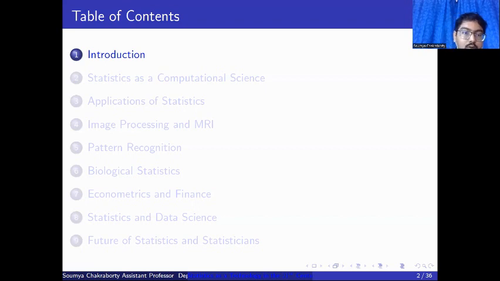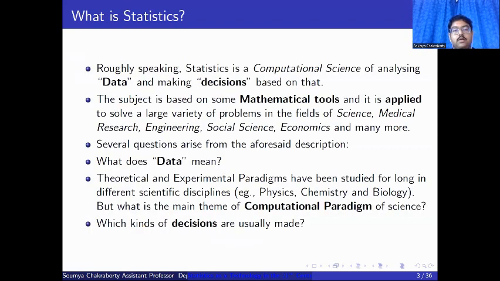So let's continue. First of all, I need to introduce the subject to a general audience, that is, what is statistics. Actually, it's not a subject which we study in high school, at least up to class 10, at least in India. I do not know about other countries, probably not.